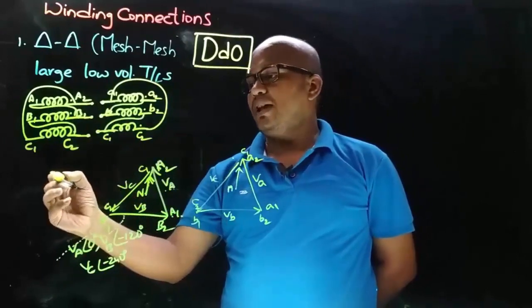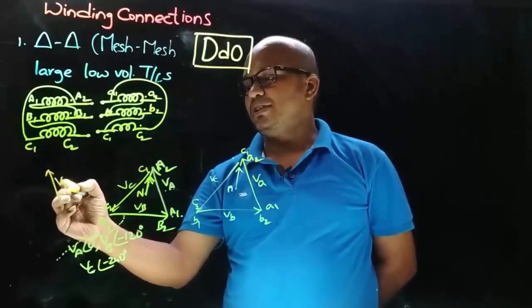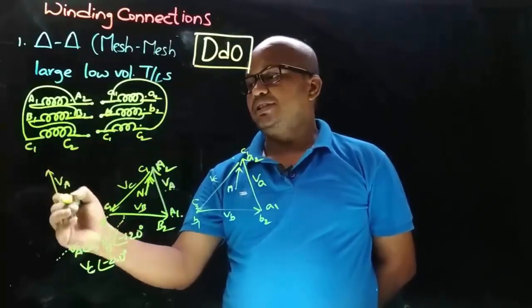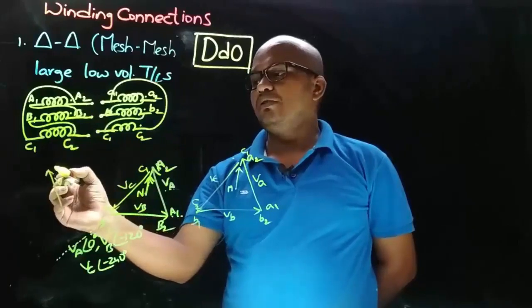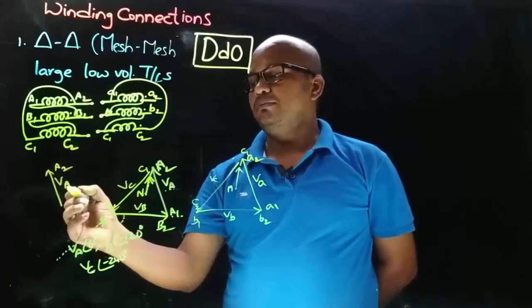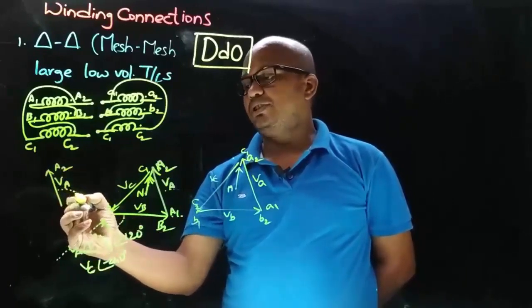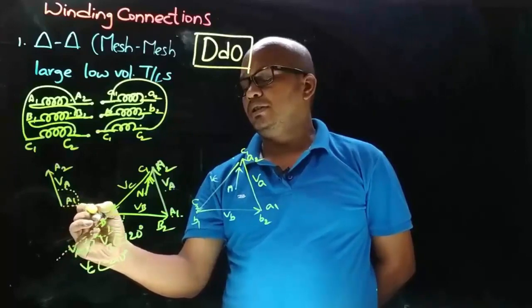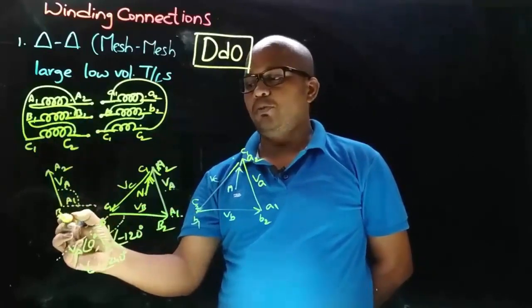Okay, so as we took this as primary side VA, okay, and we decided the terminals as A2 and A1, so arrow will always point towards the connection we took from. So this is A2 and this is A1, and at an angle minus 120 degrees there will be VB phasor. So here A1 is connected to B2, so B2 will point towards A1.